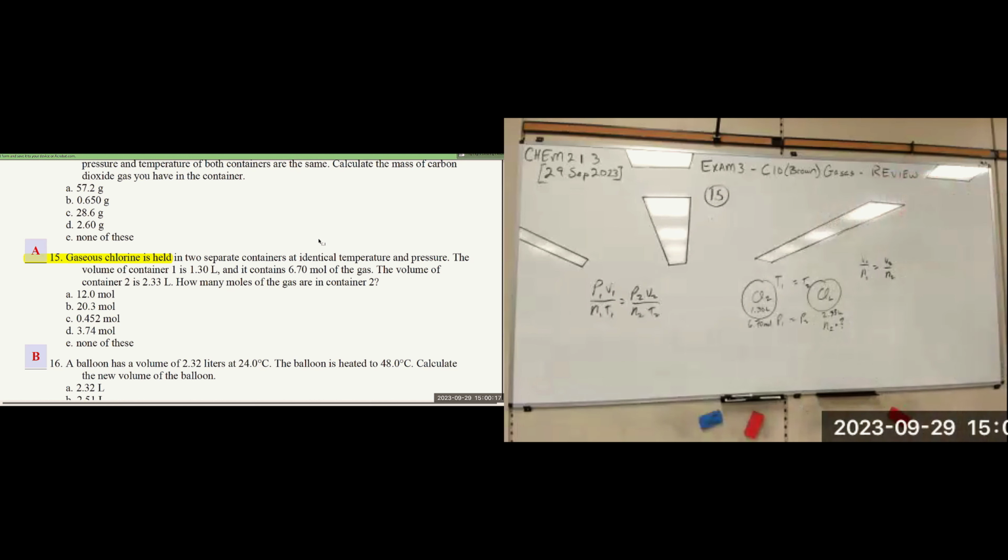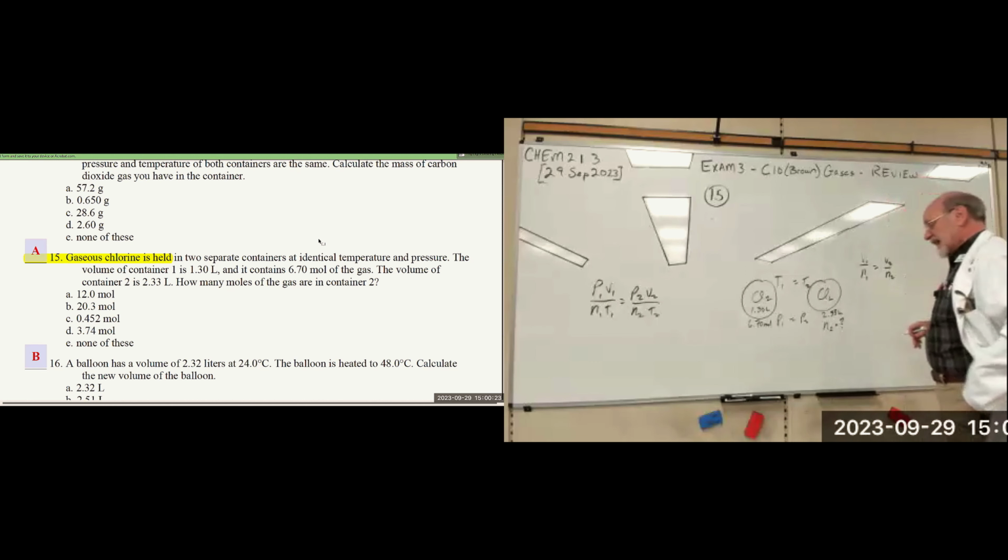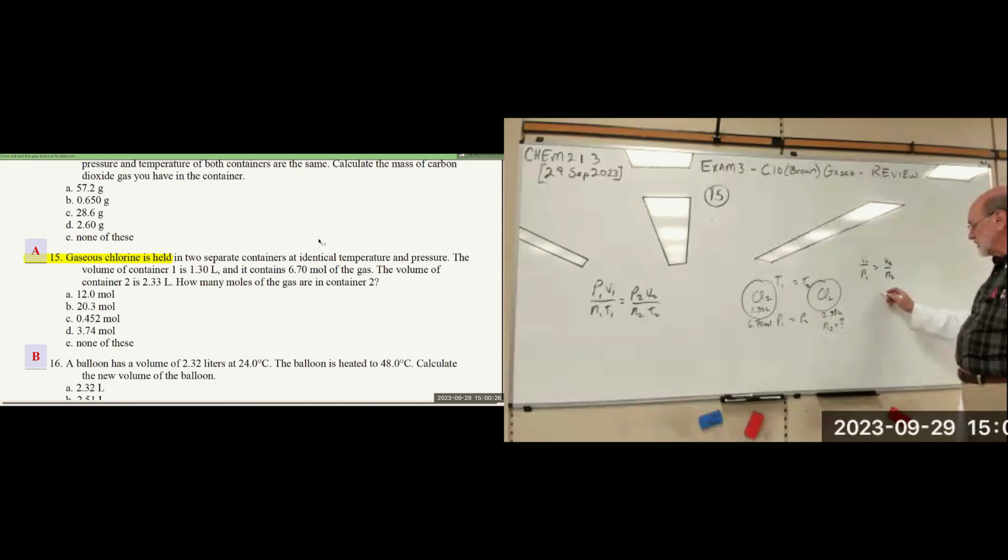So you can derive the equation you need if you know which ones are constant. In this case, we want to solve for N2, right? So N2 comes over here, and V2 combines with N1, and then V1 comes over here. We just solve for the unknown.